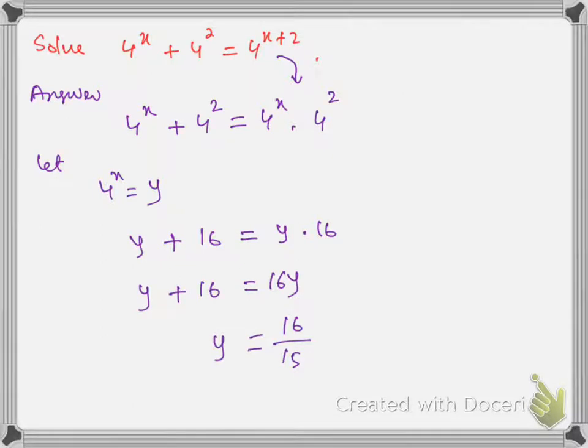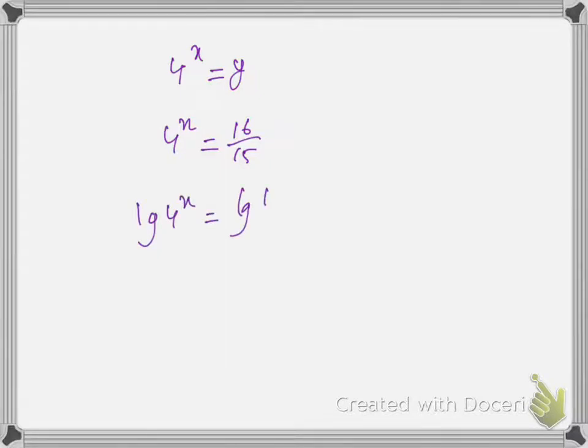We have to solve for y. So we have got the value of y, which is 16 upon 15, but this is not the answer. We have to find x, and it was 4 power x equals y. So you need to write the value of y here. It was 16 upon 15. Now this is an index equation. Here we cannot make the bases same, so we have to take log on both sides.